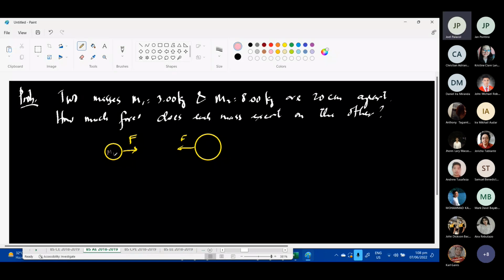So this one is M1, the other is M2, 3 kilograms and 8 kilograms. The distance between M1 and M2 is 20 centimeters.